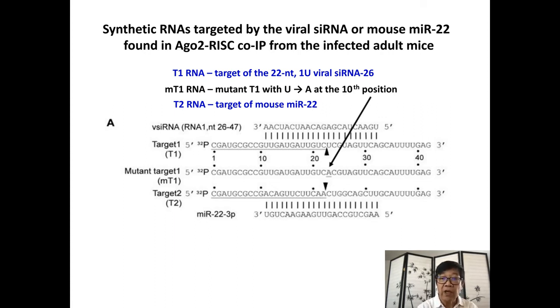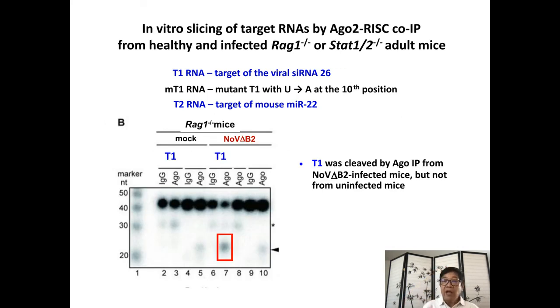We then infected mice with delta B2 virus and used the antibody to Argonaute to prepare purified Argonaute complexes, and then incubated these complexes with the T1 RNA or T2 RNA.